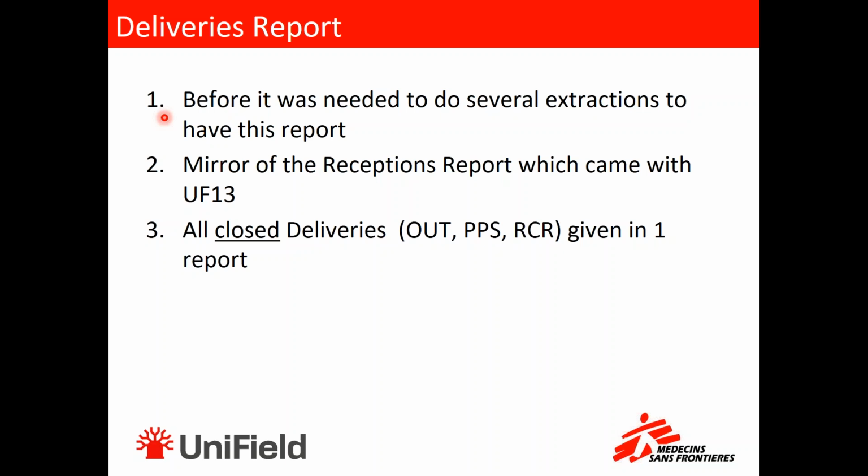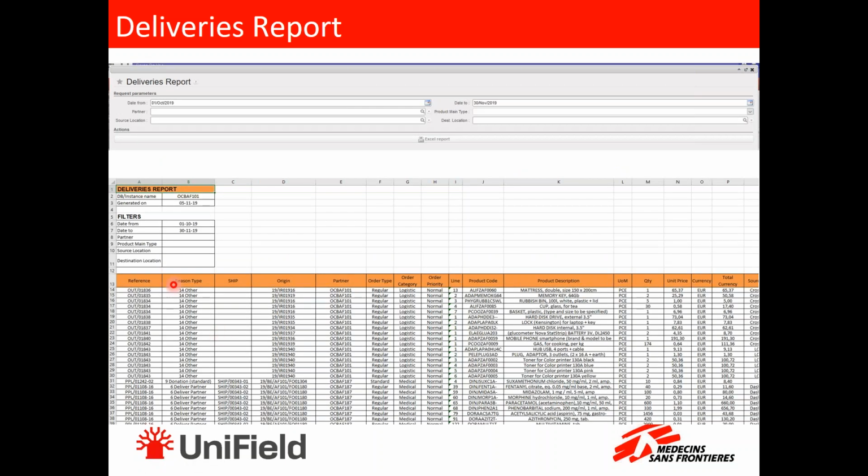It's actually a mirror of the reception report, which was developed or introduced with the previous version, the version 13. And it shows in one report all the closed deliveries, so everything which has actually been shipped, whatever the way you do the delivery. And I think on the next slide, there is a small example of how it looks today.